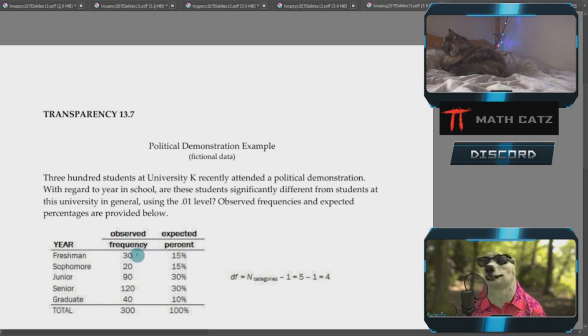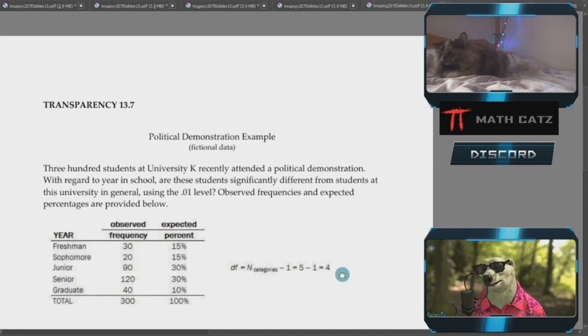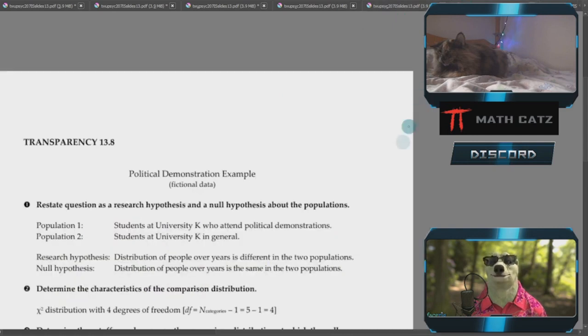We observed 30 freshmen, 20, 90, 120, and 40 graduates for a total of 300. And in general, we expect these percentages to attend. Now we have 1, 2, 3, 4, 5 categories in our variable, so our degrees of freedom will be 4, 1 less.